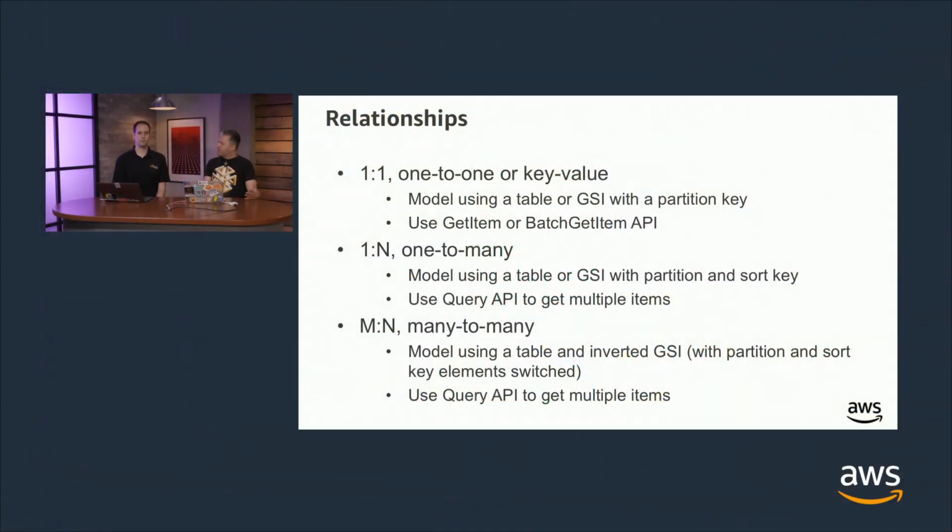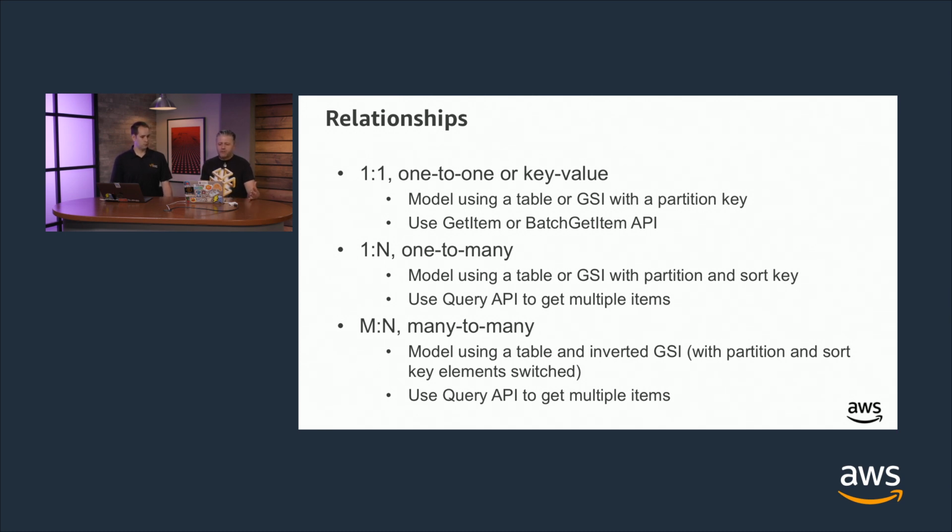So also we talked about relationships. NoSQL, right? And so, do we have relationships? Yes, we do. And we implement those in DynamoDB using a key value access pattern on a table or GSI. For a one-to-many relationship, we use partition and sort key. We use that modeling either on a table or GSI, and then we use the query API typically to read data.